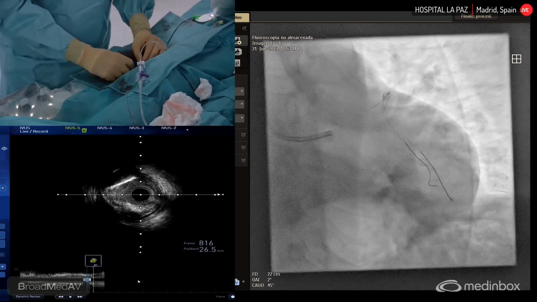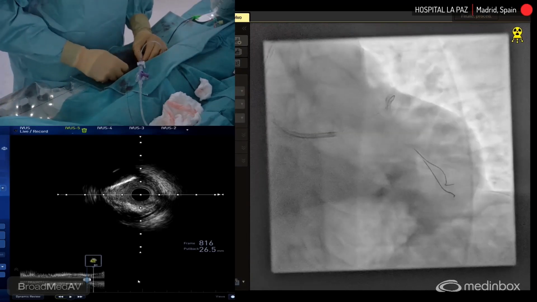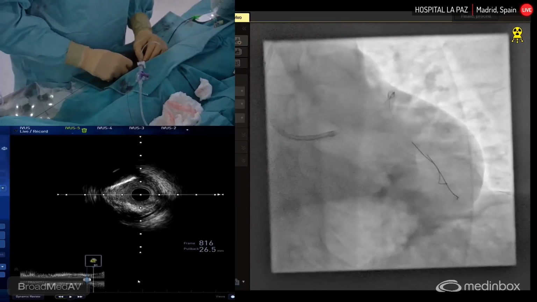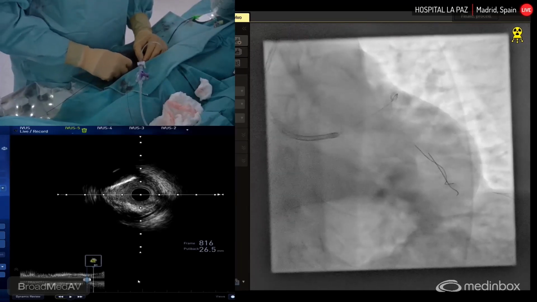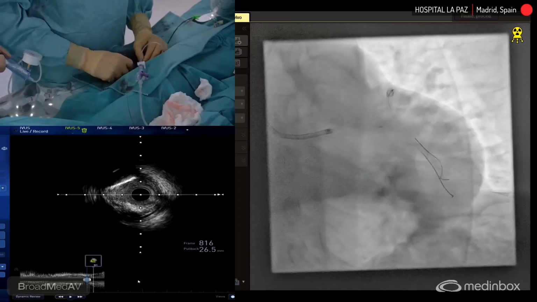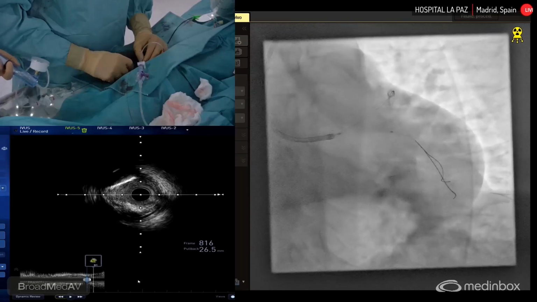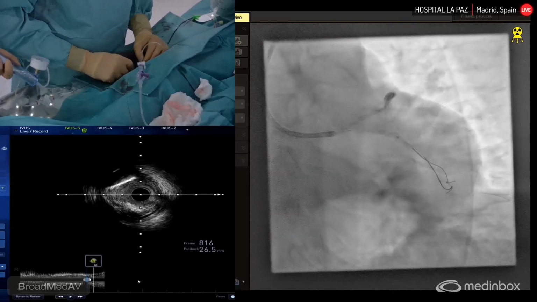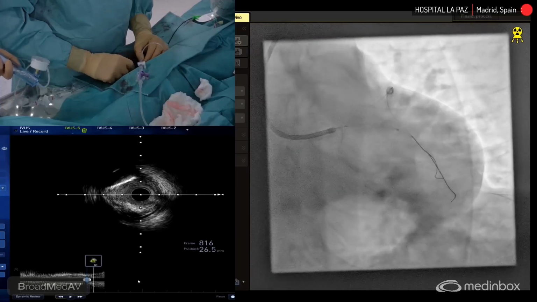It's quite important to be not in the ostium but 1 millimeter distal. We have only this length, 20 in the 2.5 size, so probably we are entering, probably not, for sure we are entering in the stent. Okay.